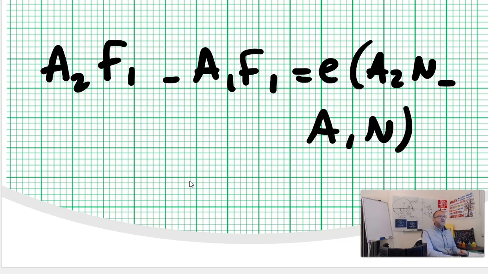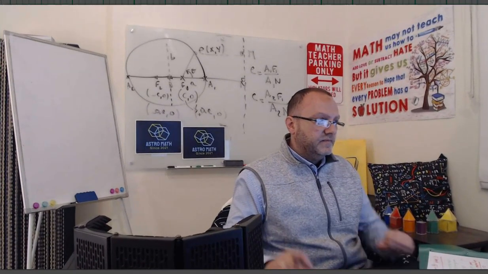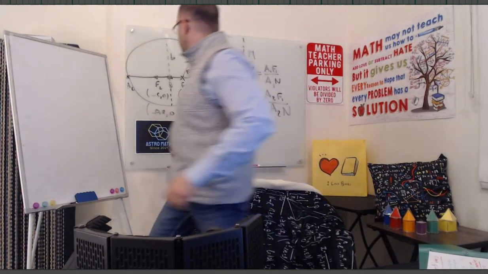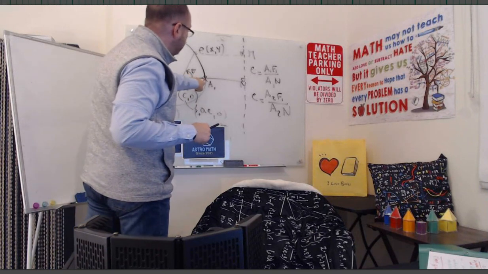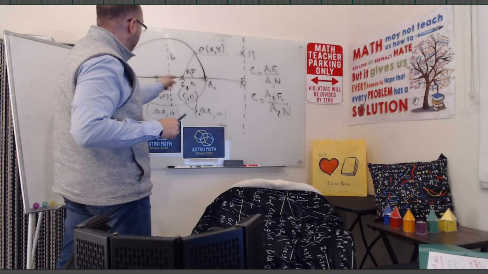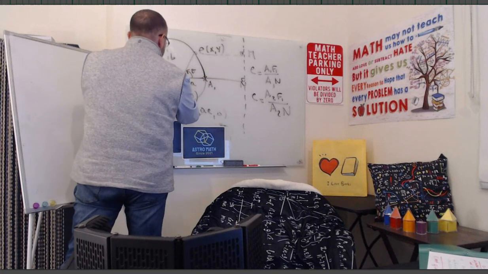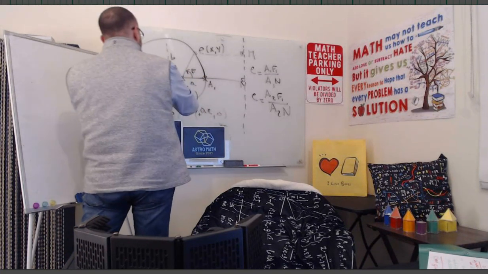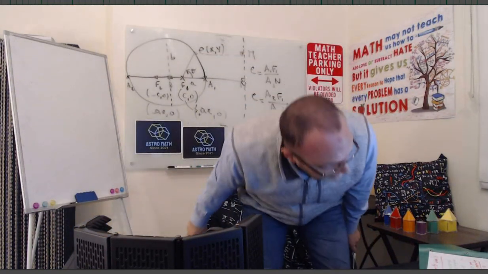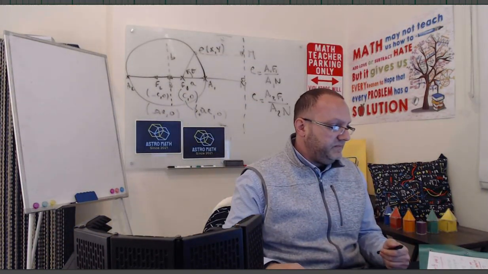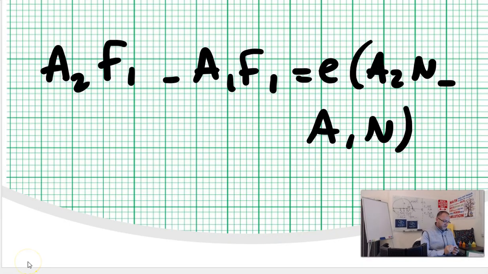What does A2F1 minus A1F1 equal? It equals the distance between OF1 and OF2, so two of those: 2OF1. That's it, it equals 2OF1, which is 2c.